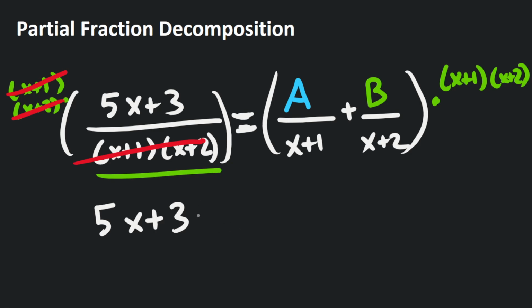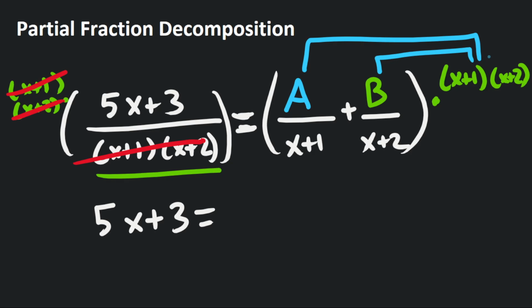Now for the right side of the equal sign, we have to distribute this (x + 1)(x + 2) here and here. So in this first one, we'll have a over (x + 1), times (x + 1) times (x + 2).